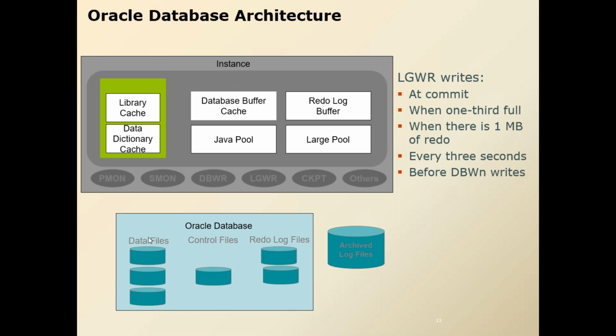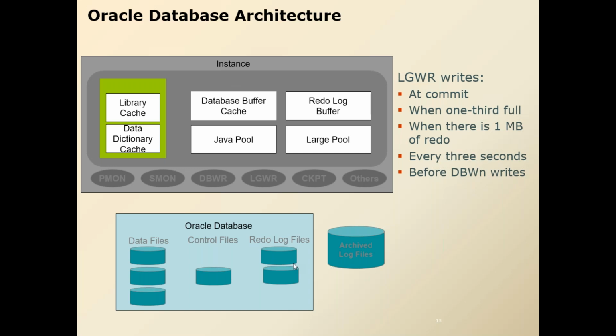A DML change includes insert, update, delete, which requires exclusive commit. DDL changes are whenever you are making any definition changes. All these changes will be recorded into these redo log files. Remember one thing: redo log files contain committed as well as uncommitted transactions.